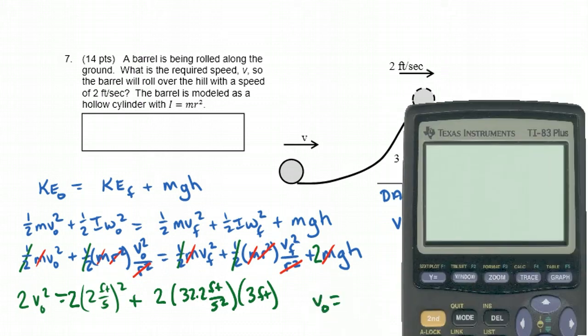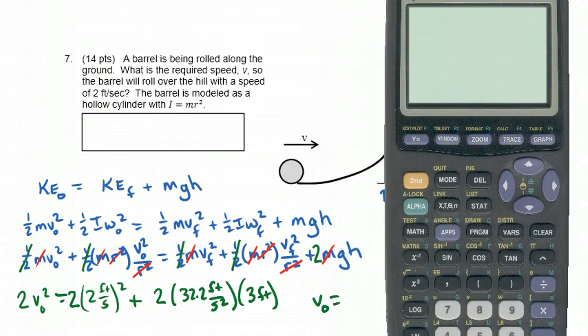Hope I've done this right. Alright, so looks like I can divide through by 2 in all of these. And so v squared is going to be 2 squared plus 32.2 times 3. That's almost too easy.